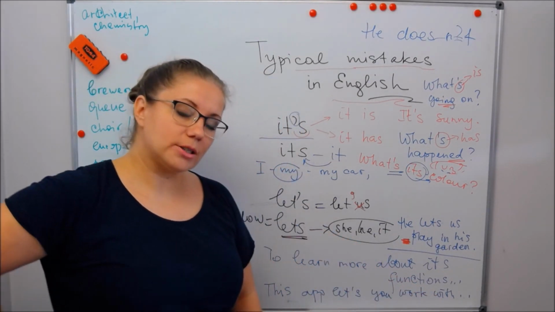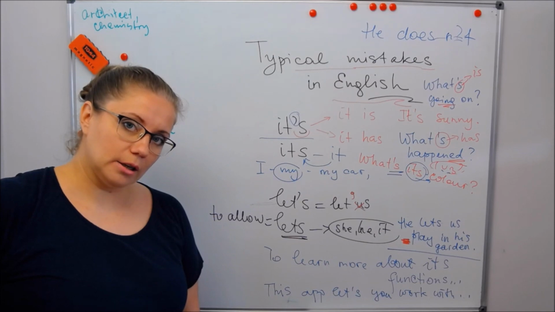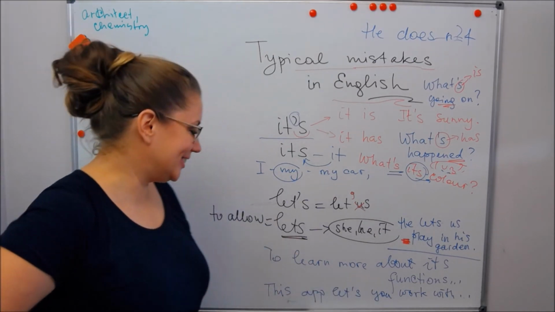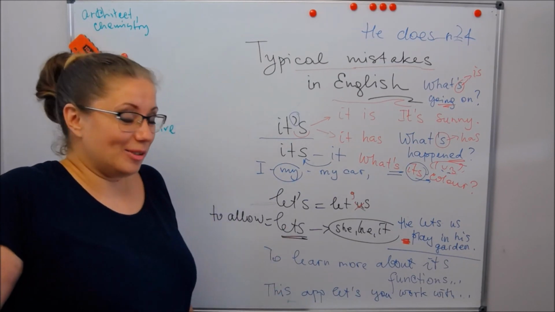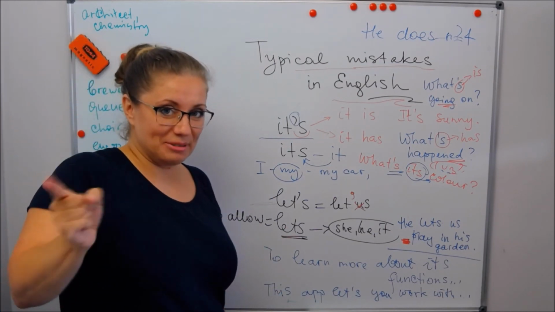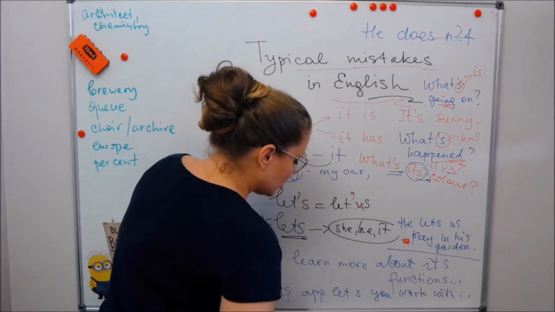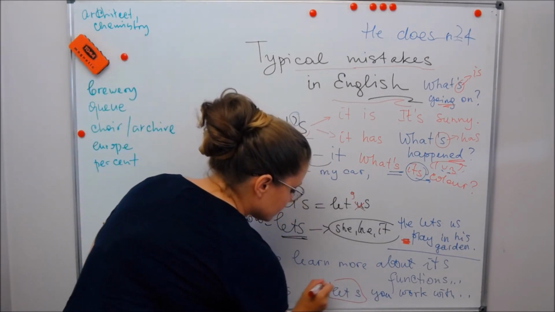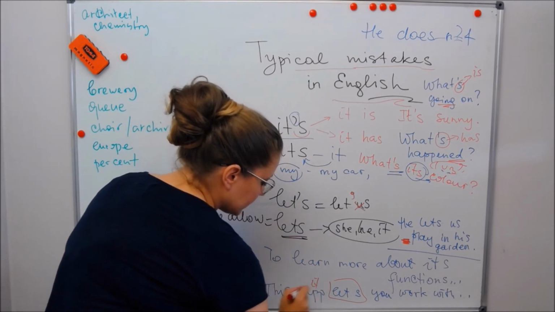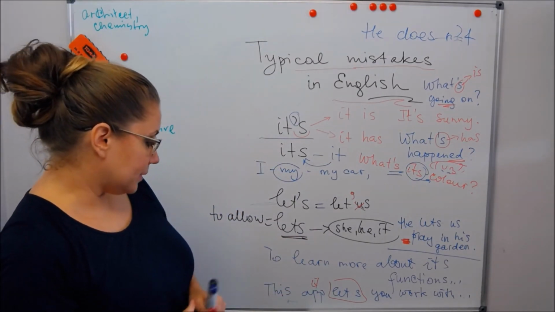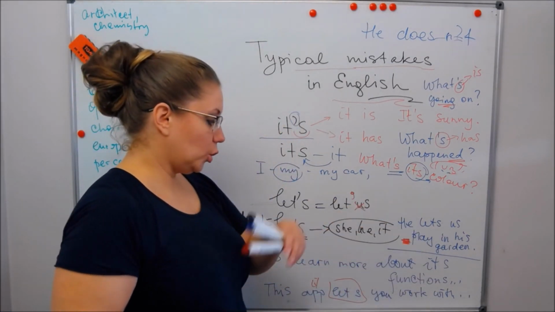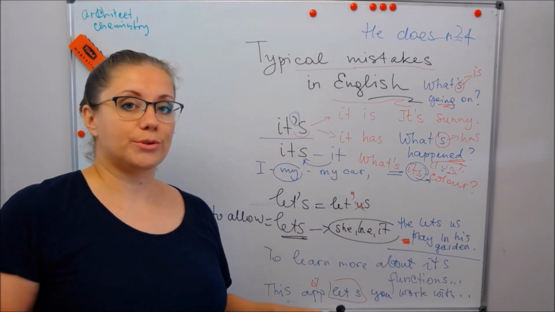Is it a correct example? What do you think? Is it this app let us? No, of course it is not. And it's a real example. Again, guys, be very careful about them. So this is just a verb in present simple form because it goes after app, it. So this app lets you work without any apostrophe.